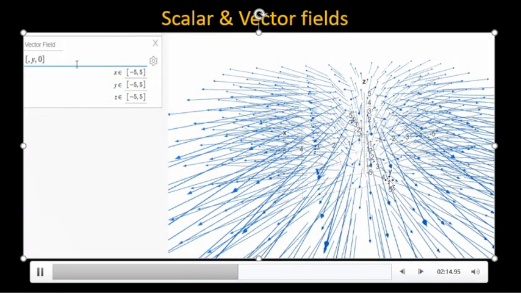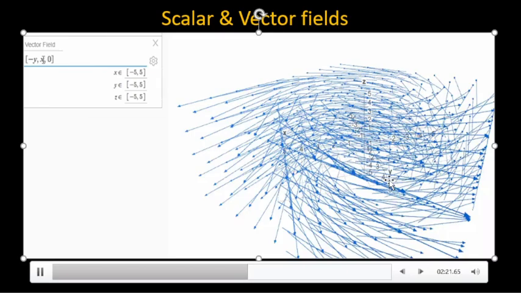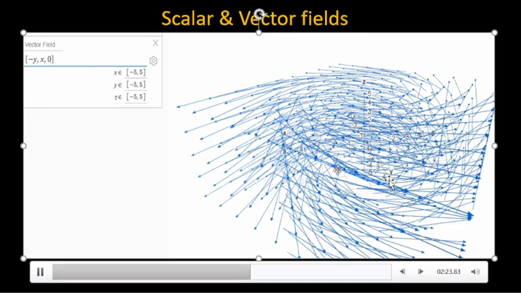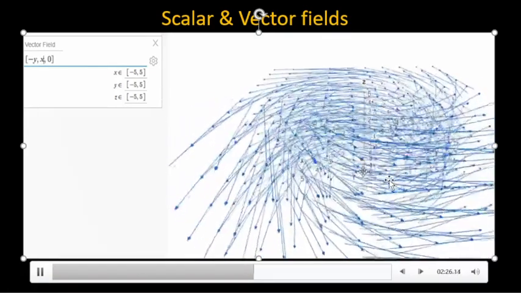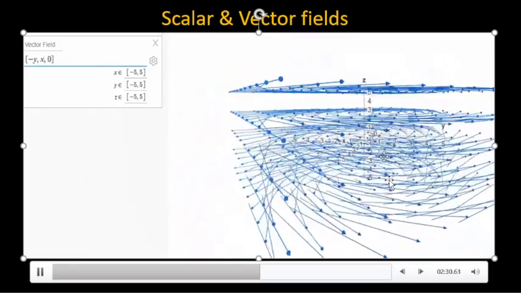Now I'll consider that example: minus y times x vector and x times y vector, and z. Now can you see this kind of circulation that we have shown earlier?